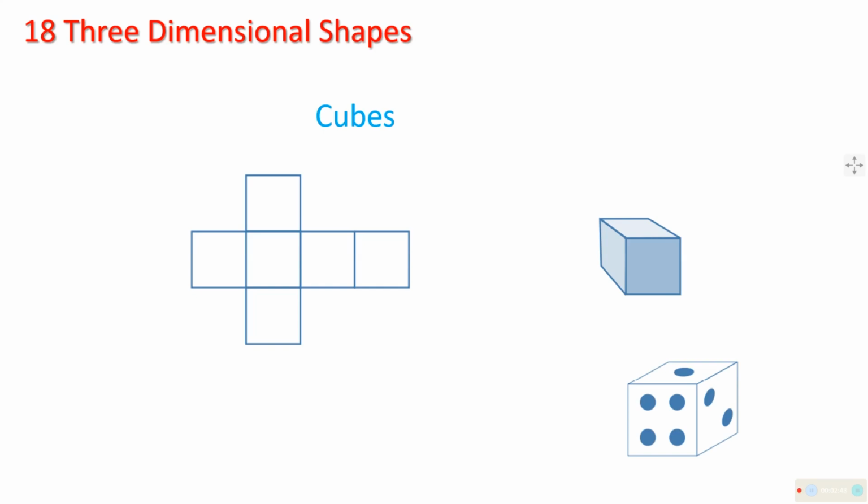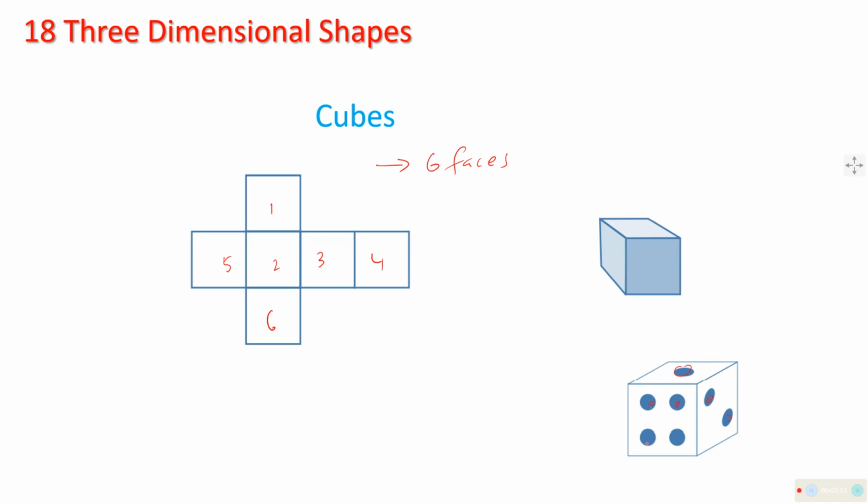And also you studied about the faces, edges and vertices of such figures last year. For example, as far as a cube is concerned, just to remind you, 6 faces are there. That is 1, 2, 3, 4, 5, 6. That is why 6 numbers are there on our dice.